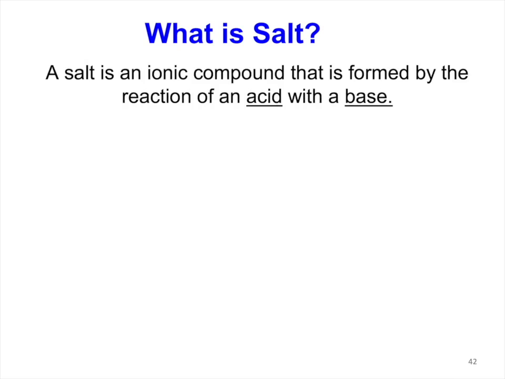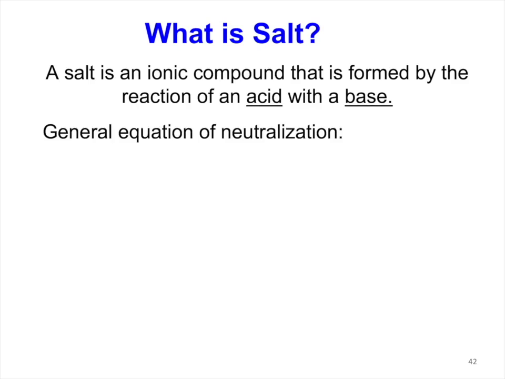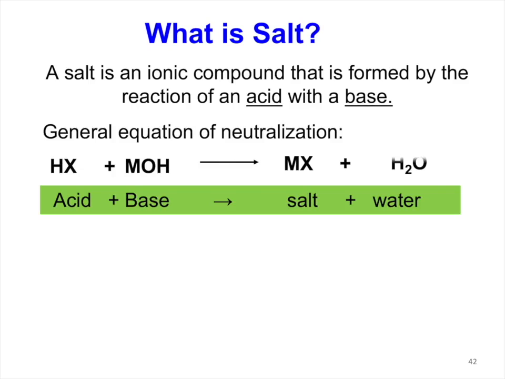Salt is an ionic compound that is formed by the reaction of an acid with a base. This is the general equation of neutralization: HX plus MOH gives MX plus H2O. So basically it's an acid plus a base to get salt and water.